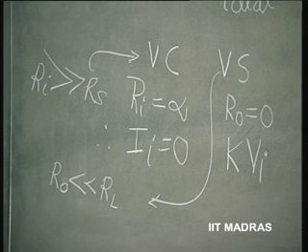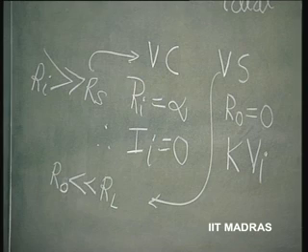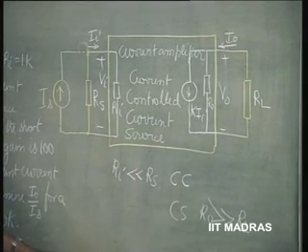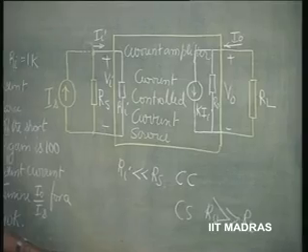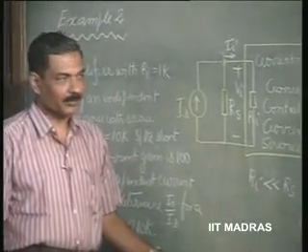This is the way we can distinguish between current sources and voltage sources practically, and current controlled and voltage controlled ports. Thereby we declare these as either current controlled or voltage controlled at the input, and voltage source or current source at the output.